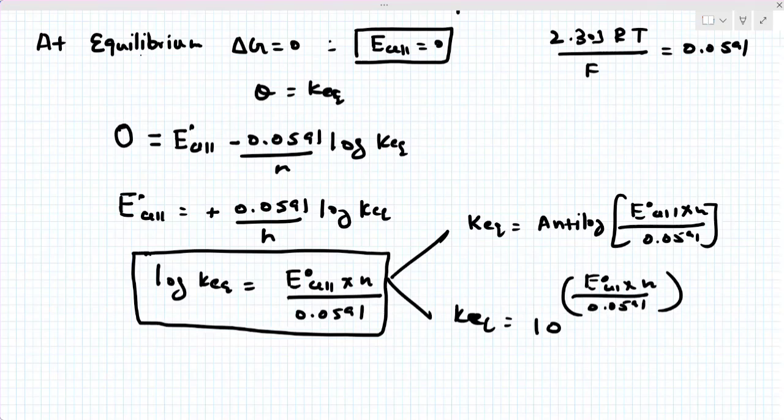The other way is K equilibrium equals 10 power E naught cell into n by 0.059. If the option is 10 power, you have to take 10 power. If the options are like 1.5 into 10 power 2 or 2.3, where they give some value before the 10 power, then we have to take the anti-log. In future I will teach how to take the anti-log without a calculator. I have an excellent trick, and during the question paper discussion I will discuss how to take the anti-log. This part we will discuss later.